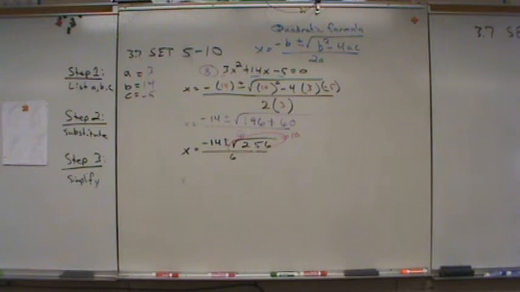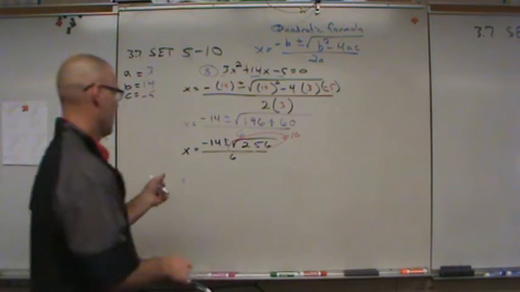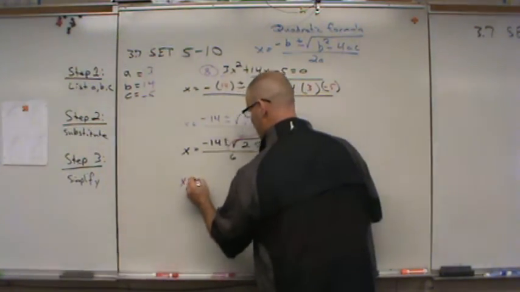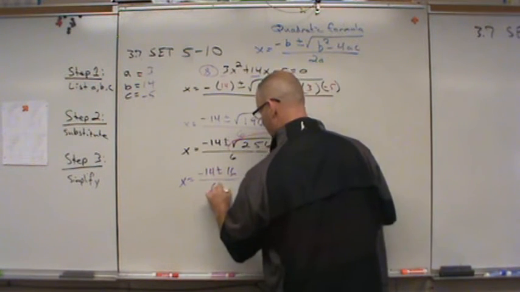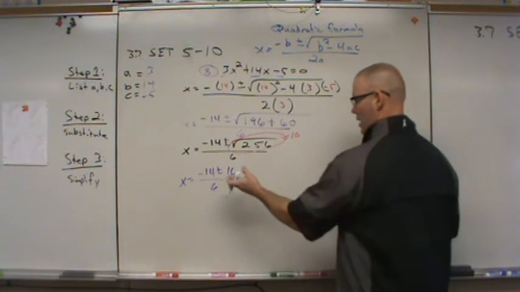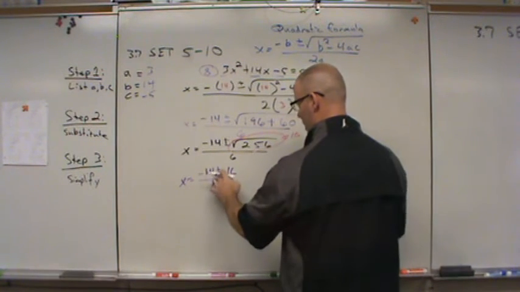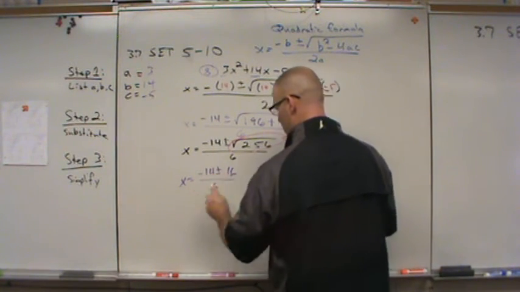When we manipulate this again, I'm going to get x is equal to minus 14 plus or minus 16 divided by 6. This is the point where I separate, and I have two problems, 1 plus, 1 minus.